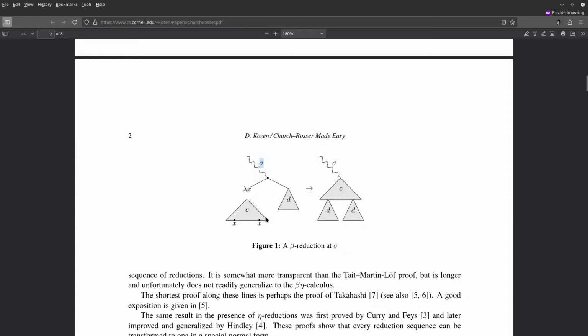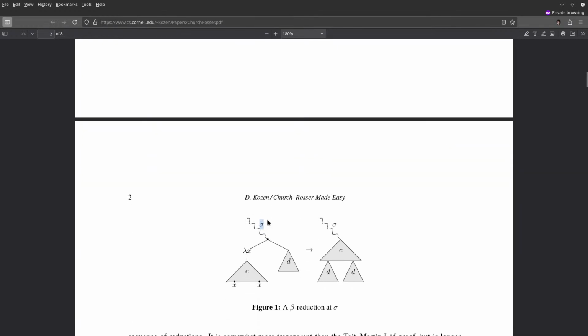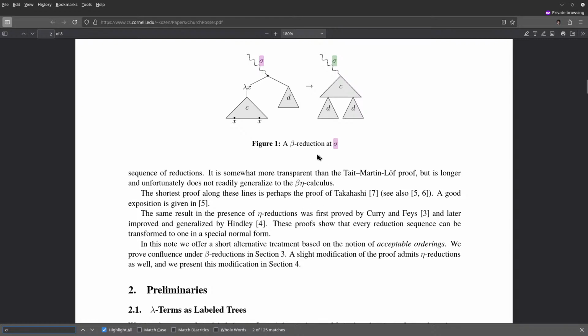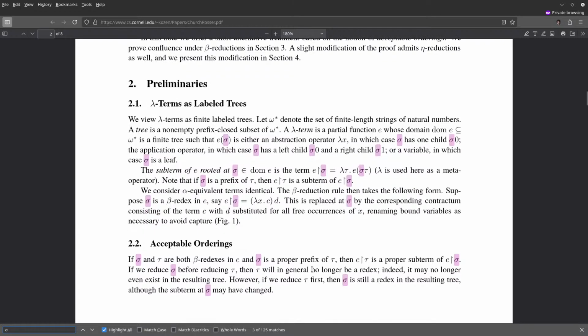What does sigma mean? Sigma, some? But the reduction at sigma is... better redexes with proper prefix of t. Yeah, it's definitely not easy.